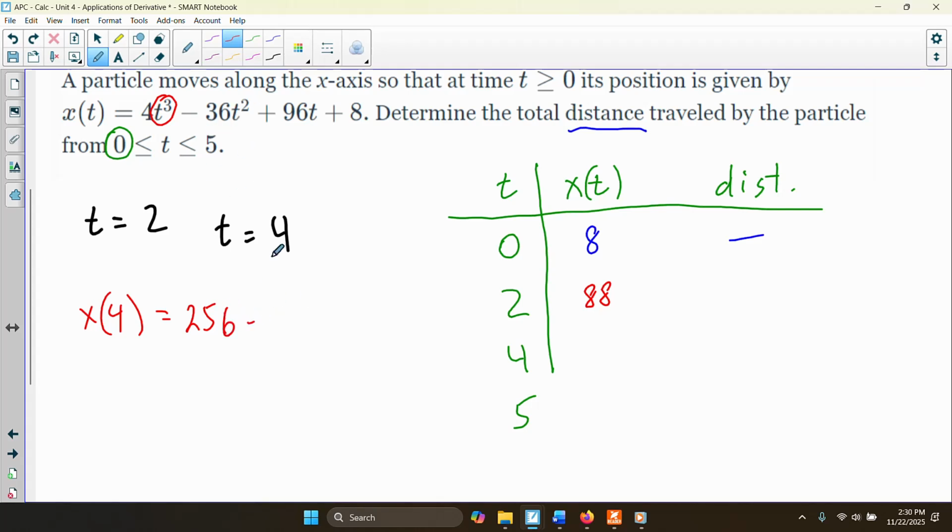Minus 36 times 16. Why am I doing this? Plus 4 in here. Well, that one's actually easy. 96 times 4 is kind of easy because that's close to 100. And then plus 8. What is all that going to be?